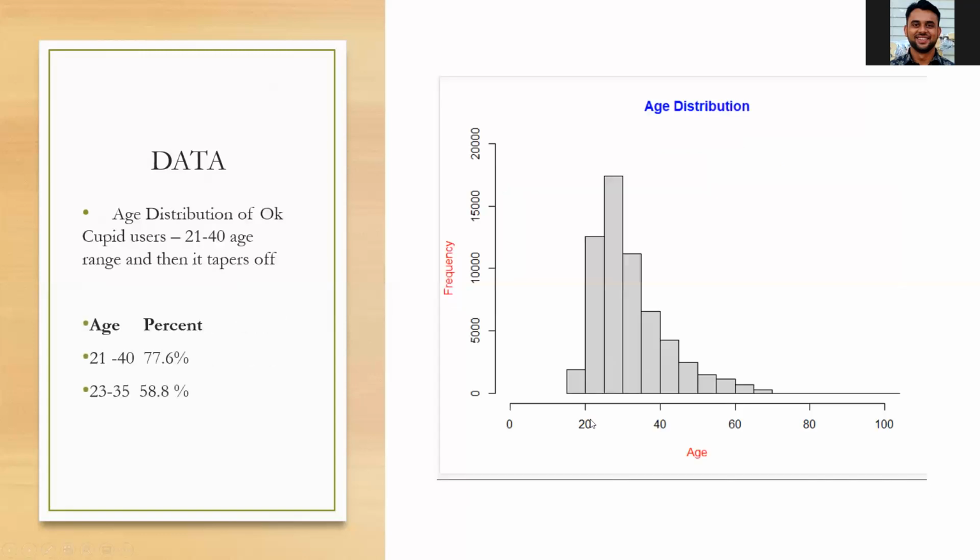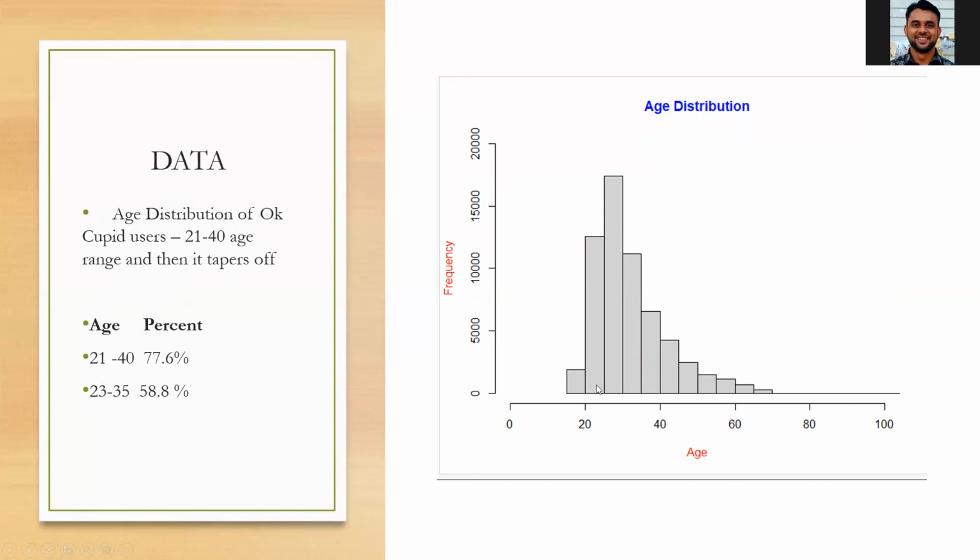The next interesting fact that we have found is the age distribution of OkCupid users. From the graph, you can see that ages 21 to 40 make up around 76 or 77%, and ages 23 to 35 are around 58 or 59%.